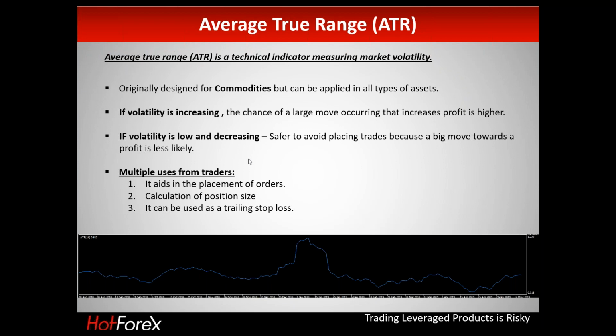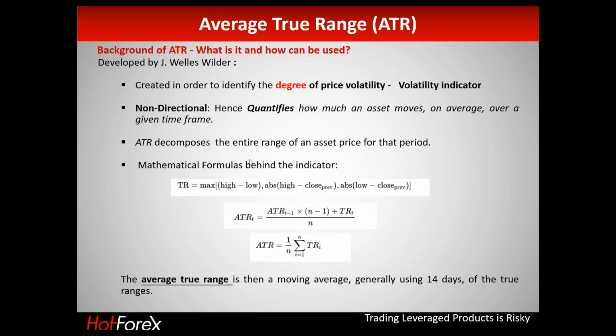This line is a moving average, a smoothed moving average of our actual asset price movement. So it's a type of smoothed moving average of the true range values of our asset. Traders use it as an idea of how far an asset price is expected to move on a daily basis, hourly basis, minute basis, up to your preferable time frame.